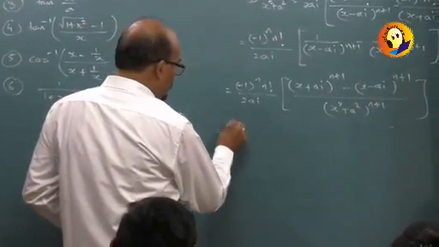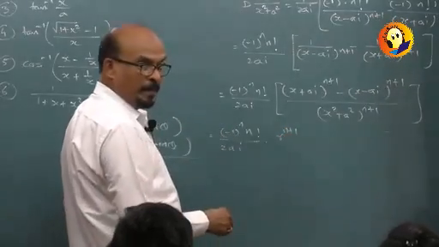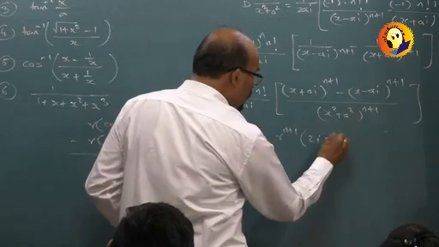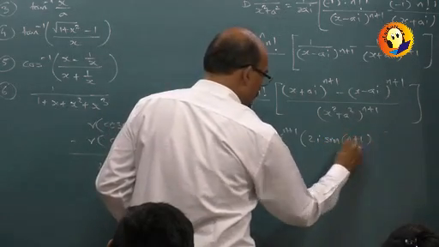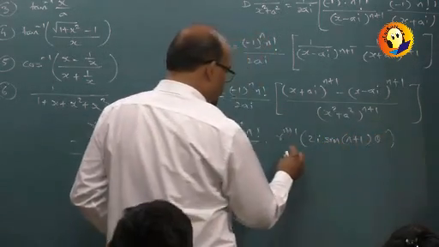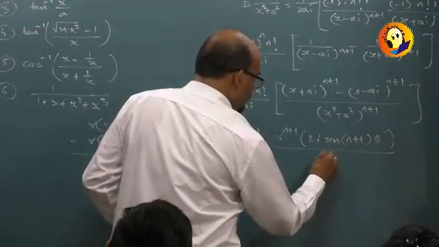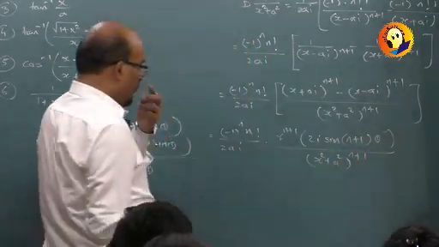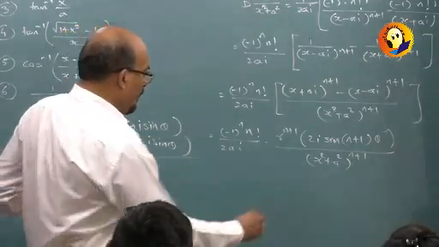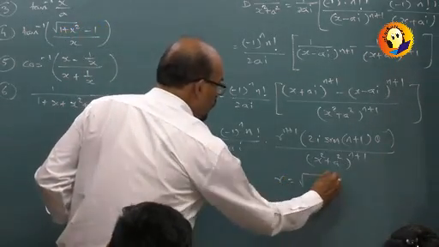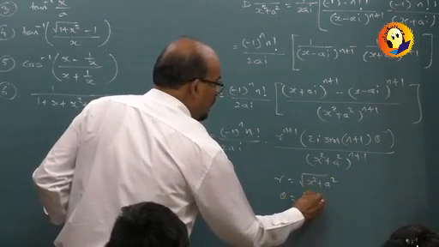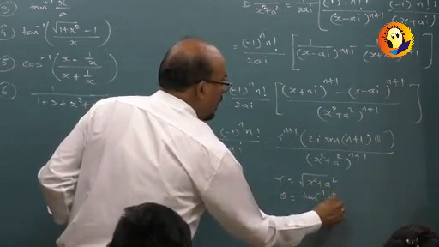So it is minus 1 raised to n plus 1 into 2I sine of n plus 1 theta, right? Yeah, this is how it should be, upon x square plus a square raised to n plus 1, where r is root of x square plus a square and theta is tan inverse of a by x.